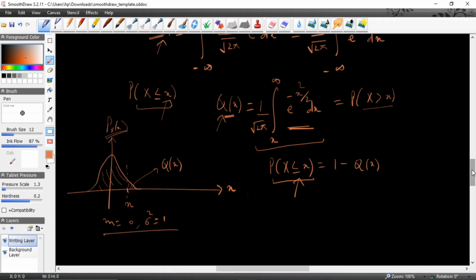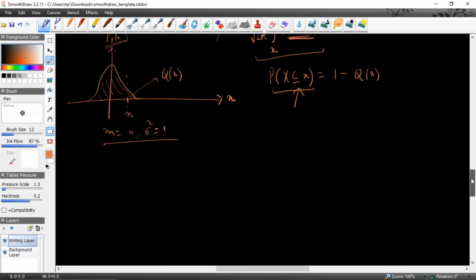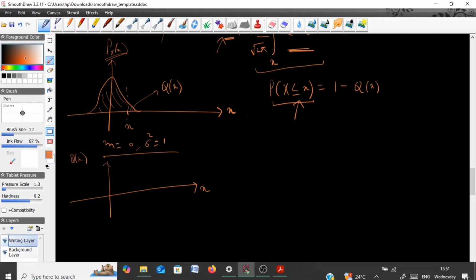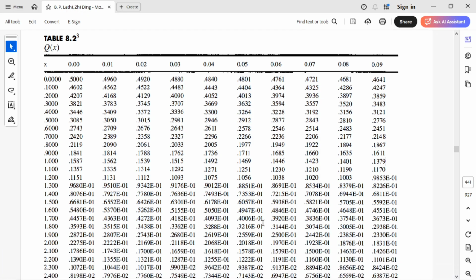Okay, now using this Q function, I can say that if this is my PDF, and if you plot the Q function for different values of x, like we have seen here, when you take x as 0, Q of 0 is 0.5.